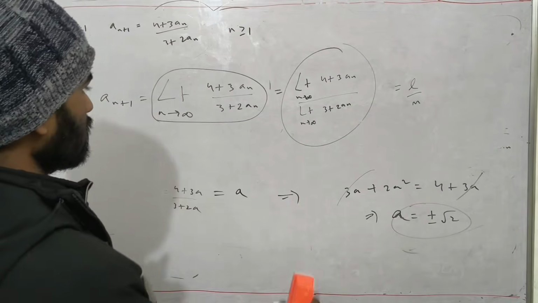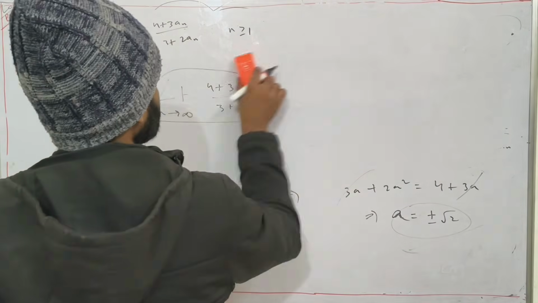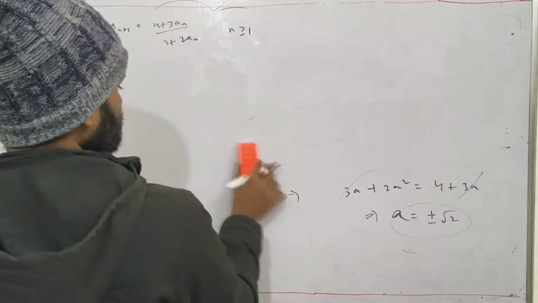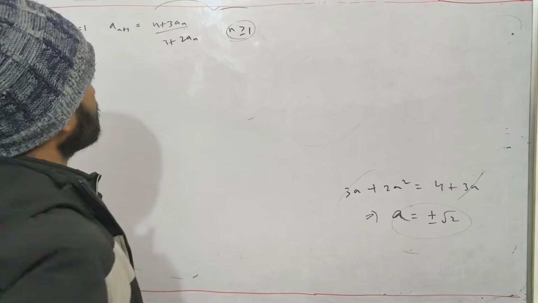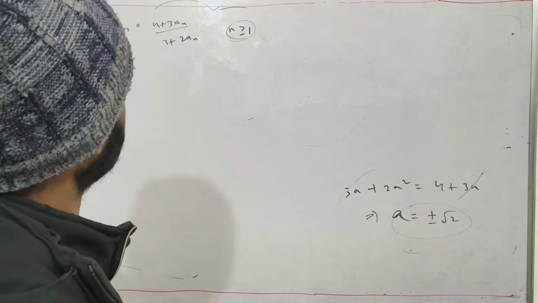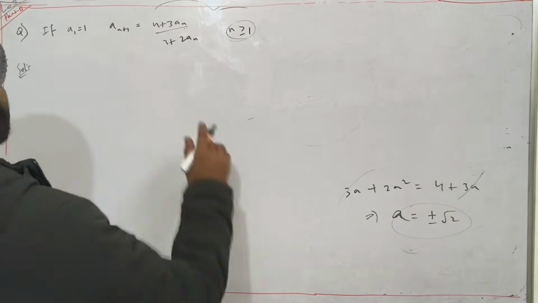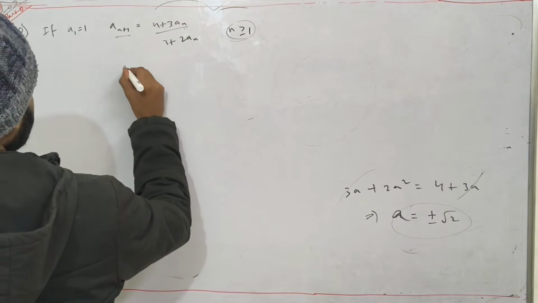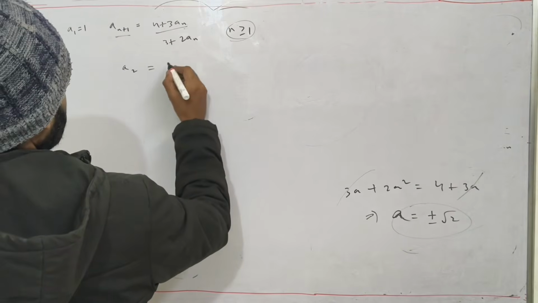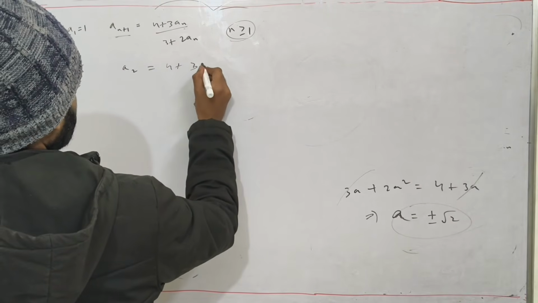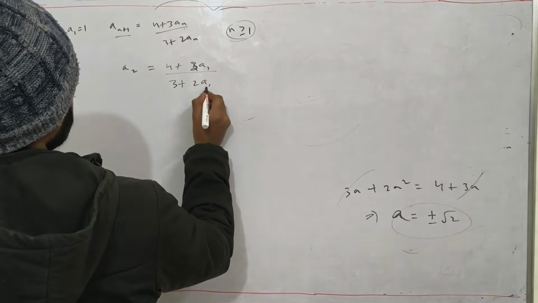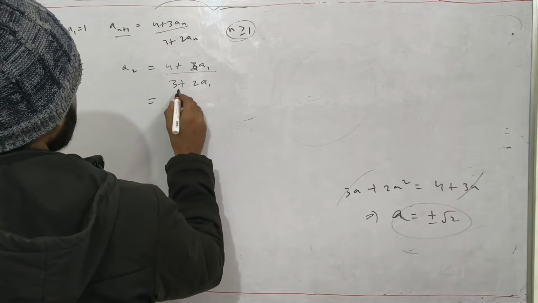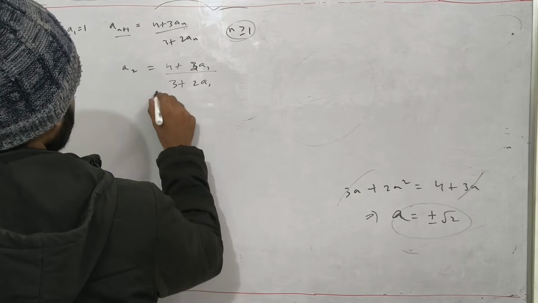Since n is greater than or equal to 1 and a1 is given, if you see a2 is (4 + 3a1) by (3 + 2a1), which is 7 by 5.